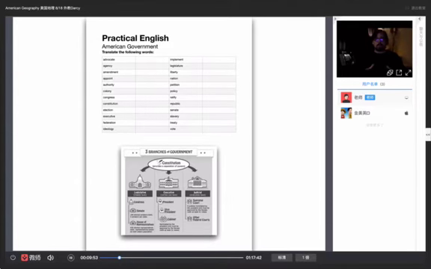So that's what Americans are talking about when they are referencing the First Amendment and the Second Amendment and the Fourth Amendment. That's the Bill of Rights.